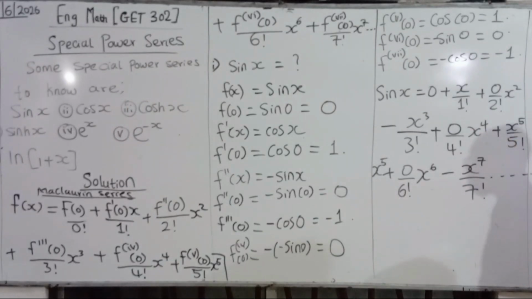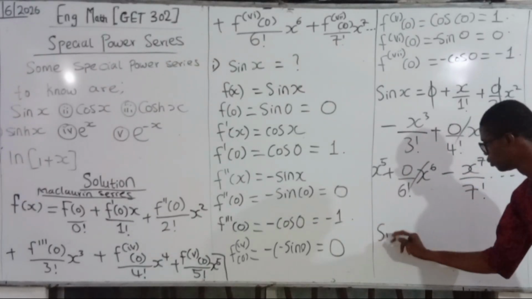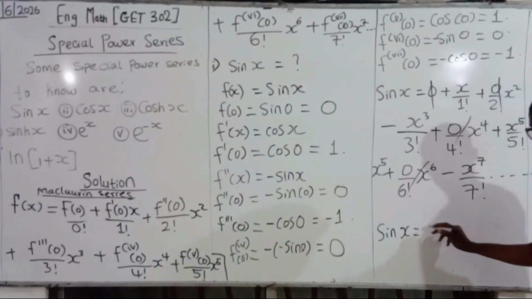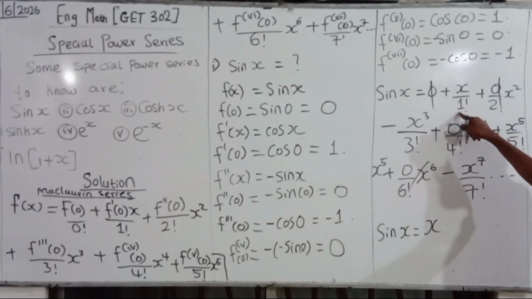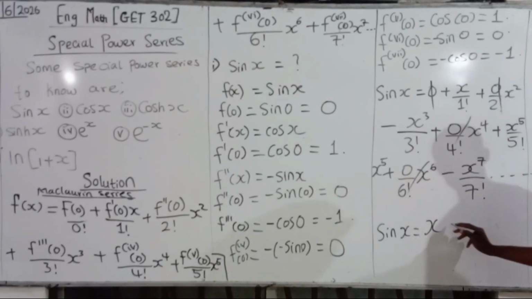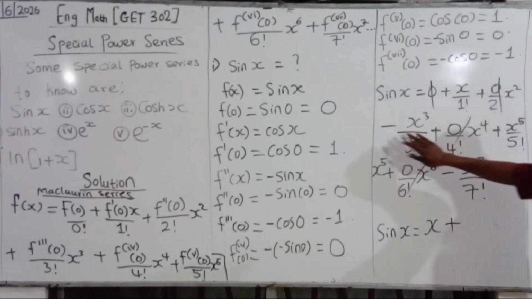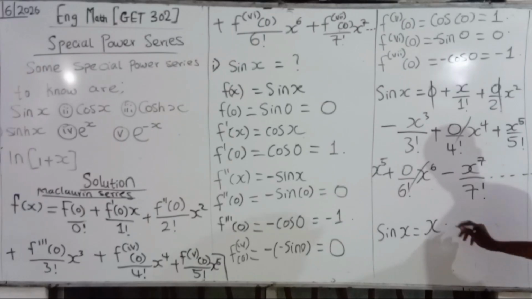Right? So this is the power series of sine, but we can simplify it. This is 0, this will give you 0, this will give you 0, right? So the simplified format is now x, because 1 factorial is still 1, so it's not necessary to write it that way. Plus, this is 0 already, so this is the minus that will take over.